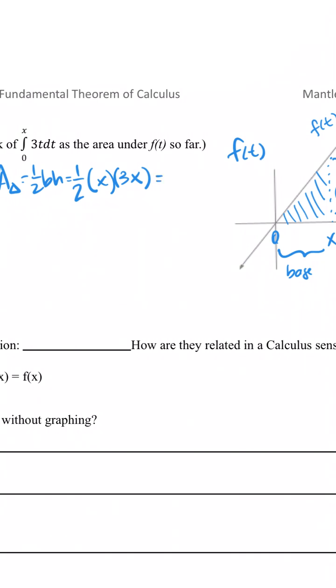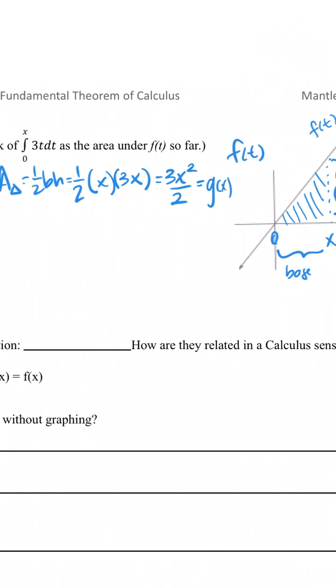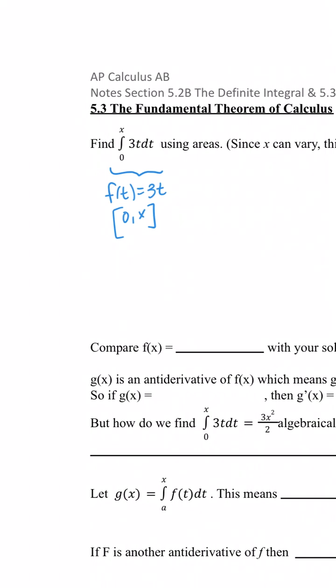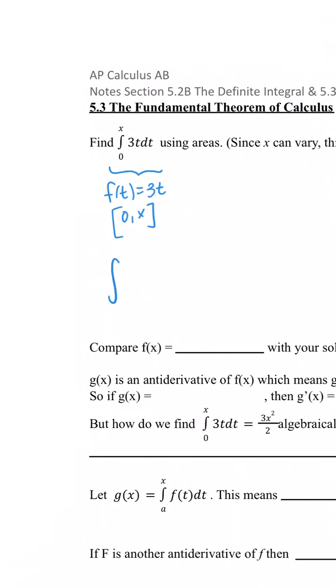And so my area is going to be 3x squared over 2, which is a new function. G of x is our new function. So here's what it looks like. We have the integral from 0 to x of 3t dt is equal to 3x squared over 2, which is a new function.